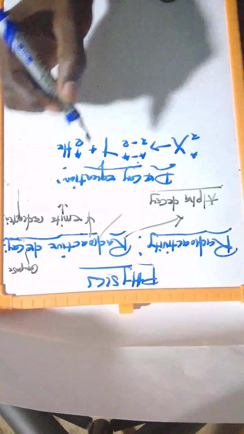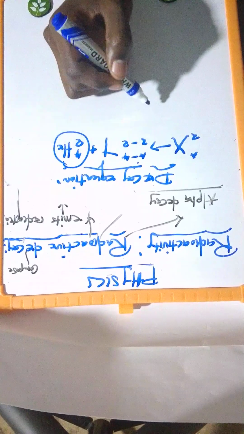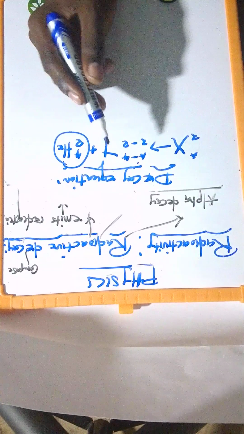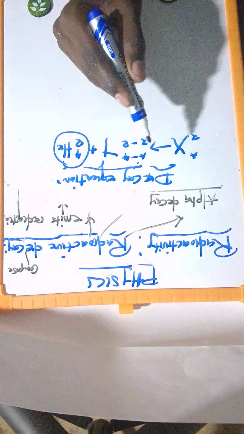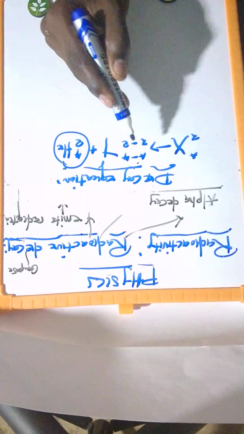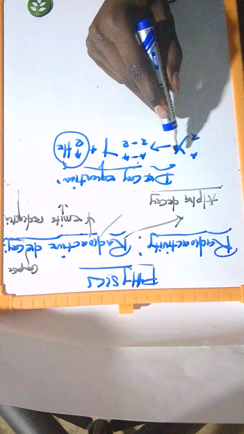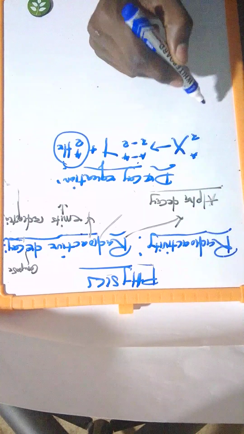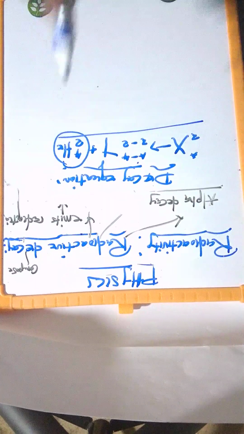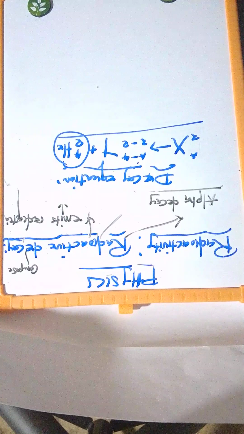Every alpha decay is represented by this helium particle. Remember, when a new element is formed, it always differs by 4 in mass number and by 2 in atomic number. This is the equation which helps us understand the alpha decay equation.